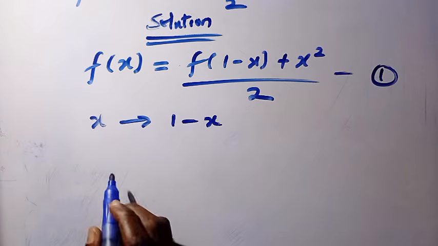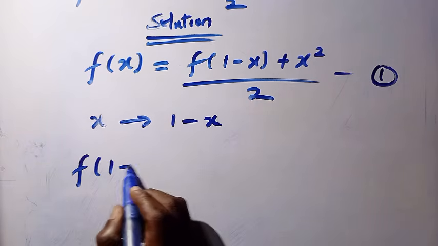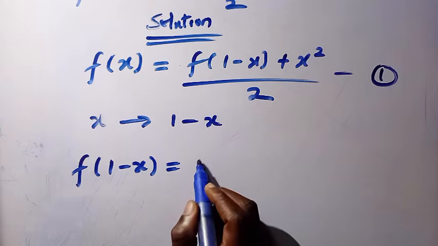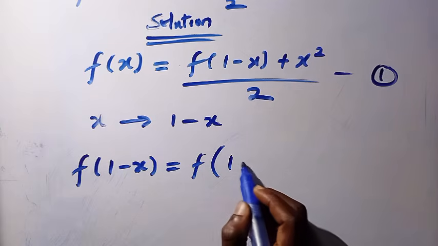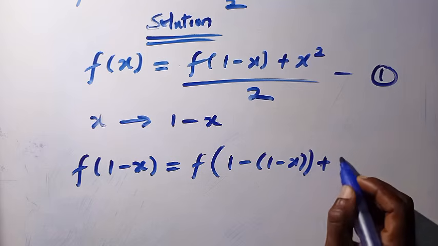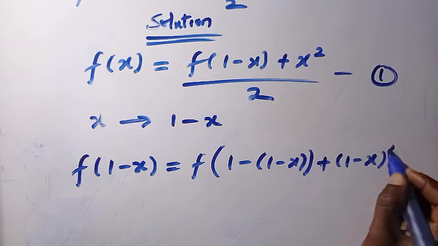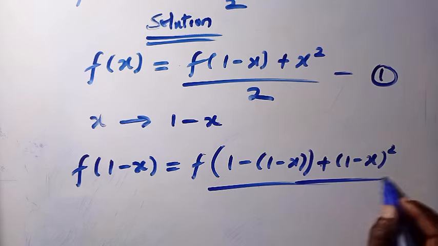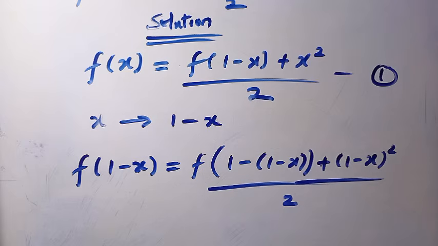So by replacing it, we are going to have f of 1 minus x equals f of 1 minus (1 minus x), plus (1 minus x) squared divided by 2.